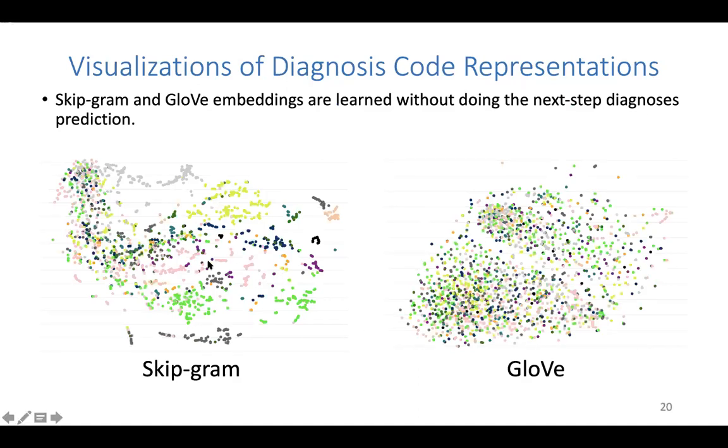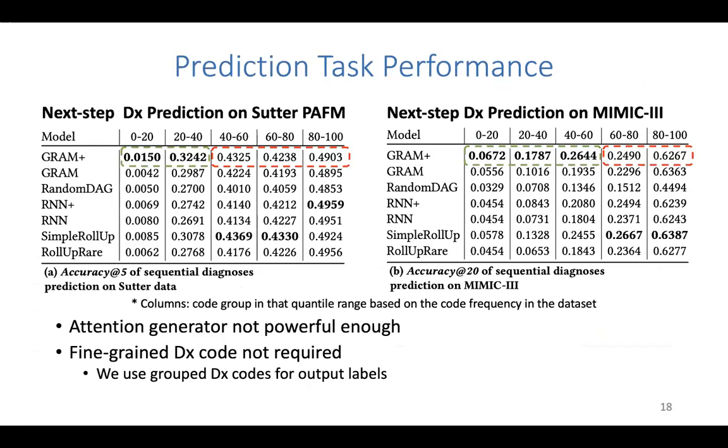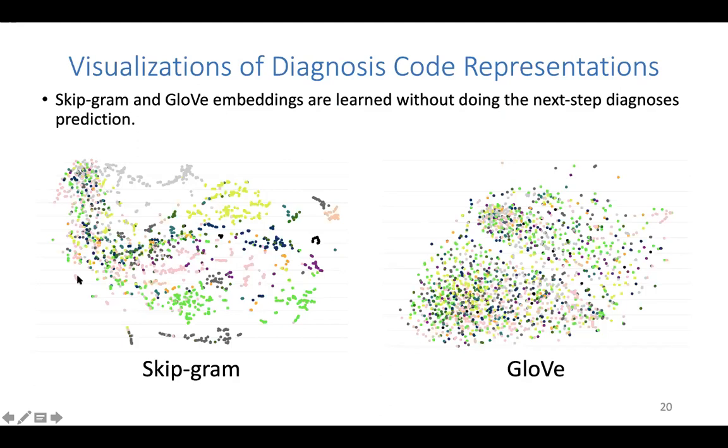So skipgram and glove, they are not actually supervised models. They're here for reference actually, because skipgram and glove are not among the benchmark models, among the baseline models. They're just here for your reference. And you can see that skipgram actually has a better structure compared to glove.